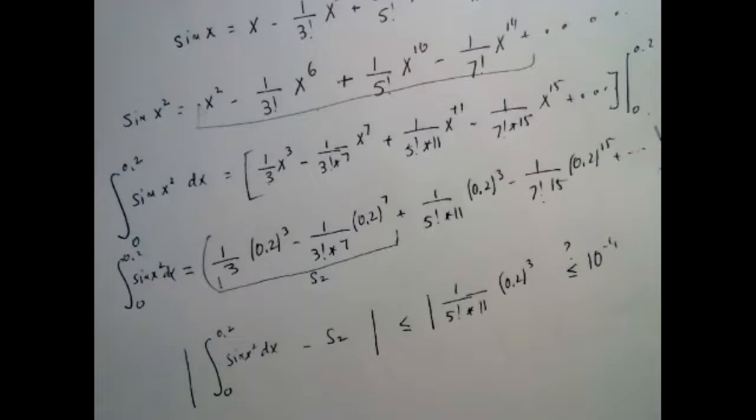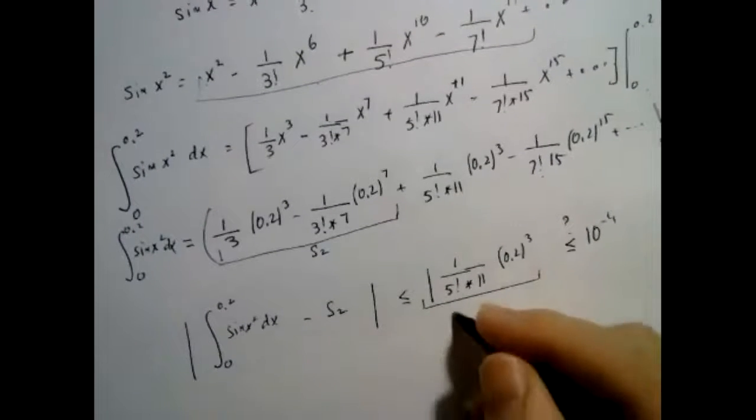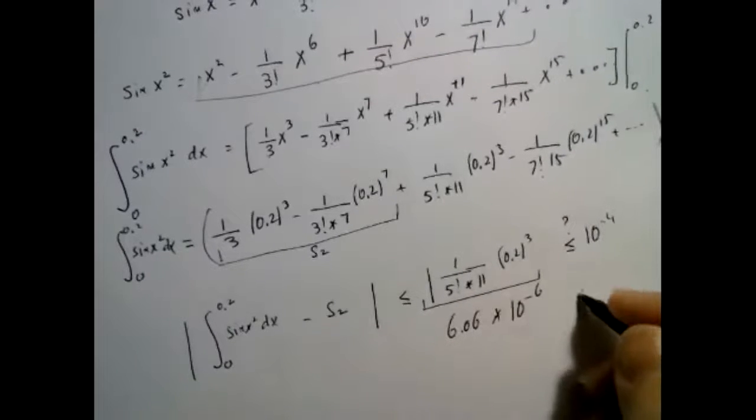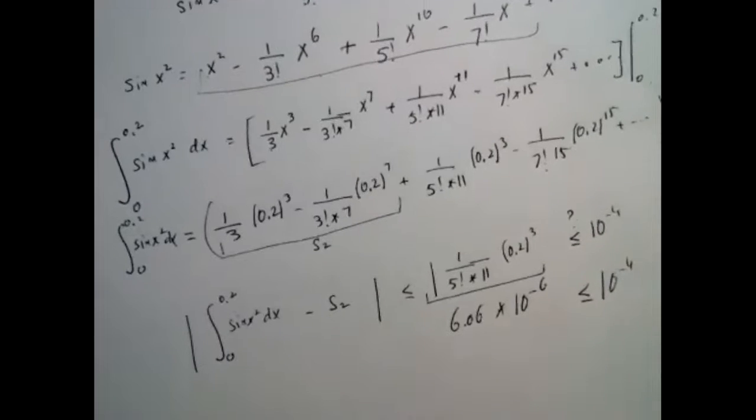So we compute. I will have 0.2 to the power 3 divided by 5 factorial, which is 120, times 11. Okay, I'm done. Okay, this is 6.06 times 10 to the minus something. That's definitely less than 10 to the minus 4.